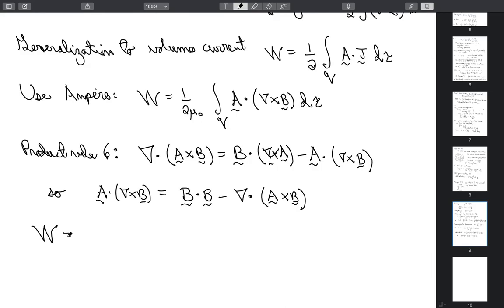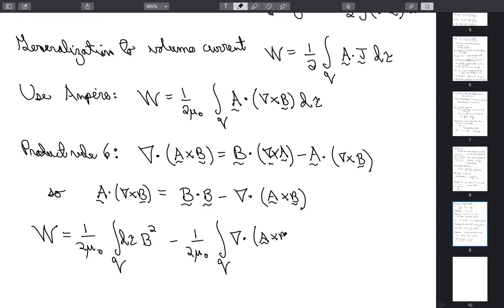To rewrite my total work as a sum of two terms. The first term is just 1 over 2 mu 0 with now the integral over the volume, d tau, of just B squared, B dotted into B. And now I have 1 over 2 mu 0, again the integral over my volume of now the divergence of A crossed B, again with d tau.